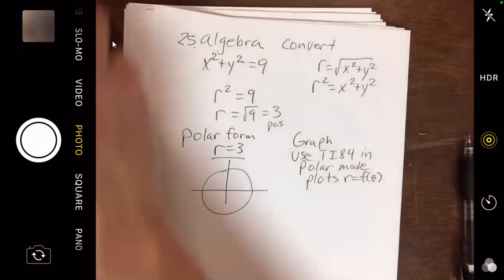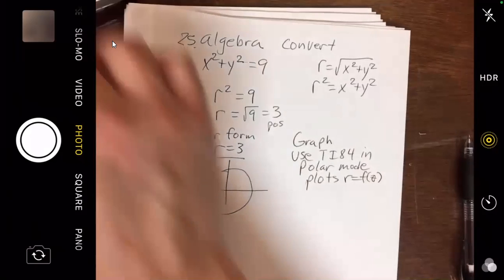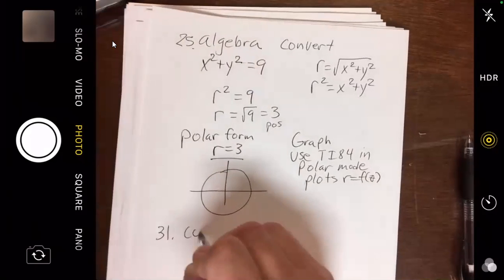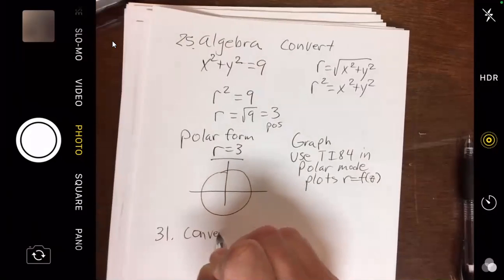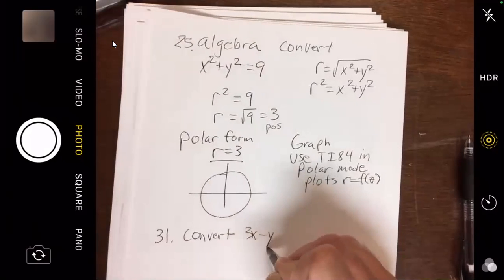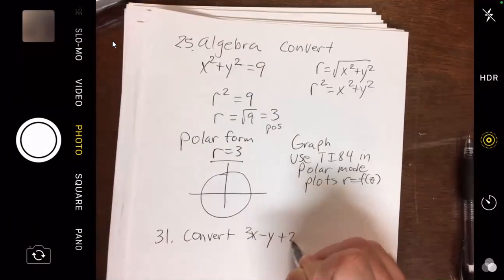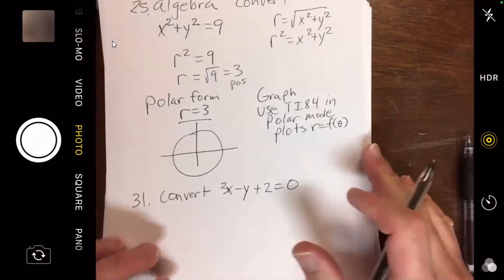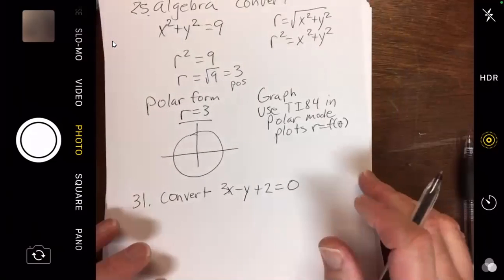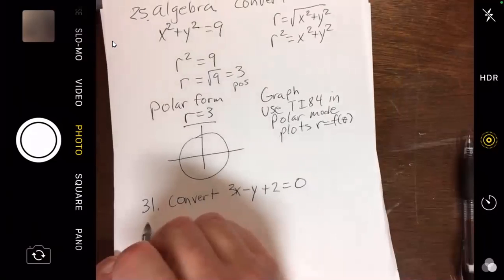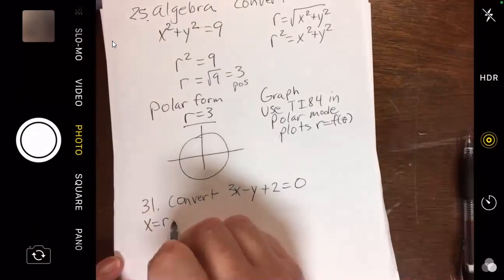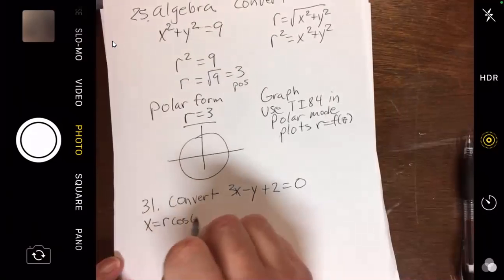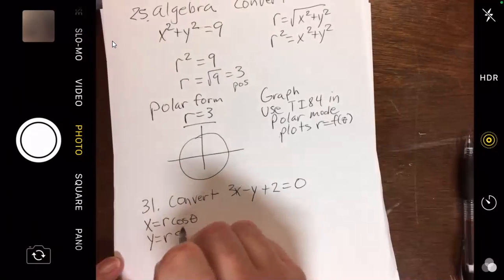All right, should we try one more? How about 31? Convert 3x minus y plus 2 equals 0. Now, if you remember, x is equal to r cosine theta, and y is equal to r sine theta.